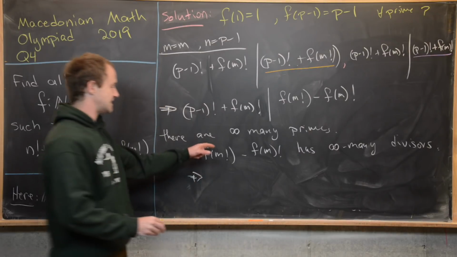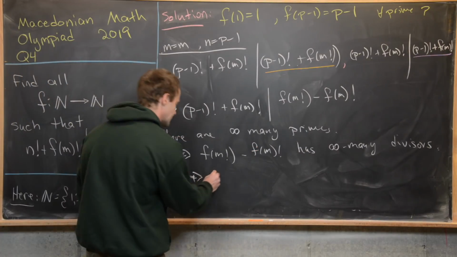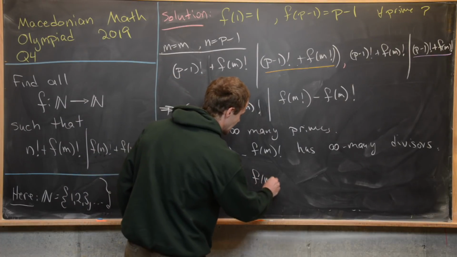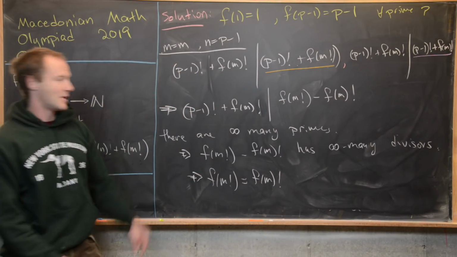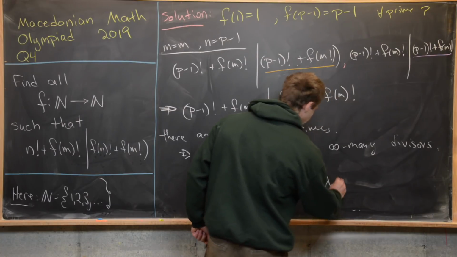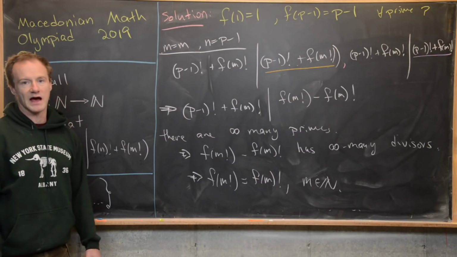So in other words, f(m)! minus f(m)! is equal to 0, and thus f(m)! equals f(m)!. And notice we had m up here was free, so that means that is true for all natural numbers m. So that's another nice property that we have.